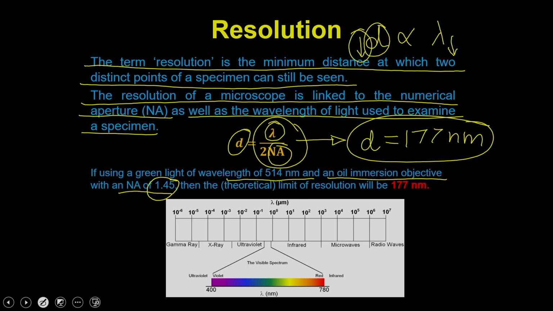A decrease in d means an increase in resolution, and there are two ways you can do that. The d is directly proportional to lambda, so if you decrease the lambda, the d is also decreased, and that is how you increase the resolution. The d is inversely proportional to the numerical aperture, which means if I have to decrease d, I have to increase the numerical aperture, but there is a limitation until which you can increase the numerical aperture of a microscope.